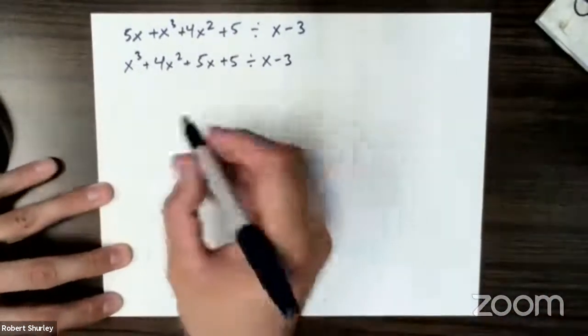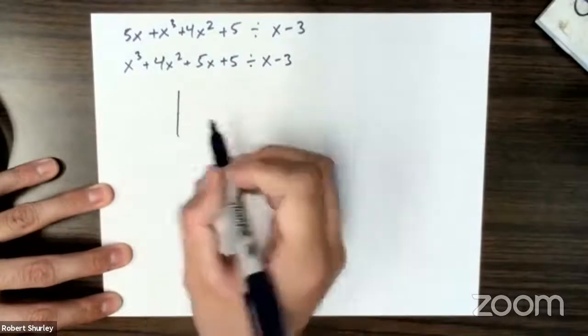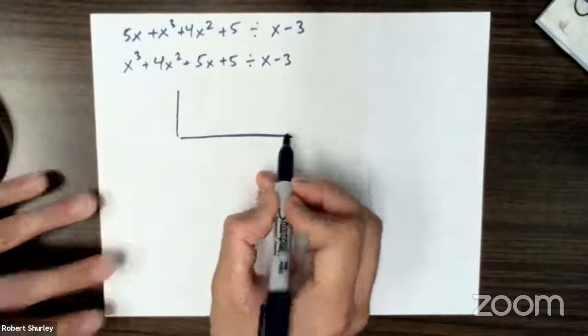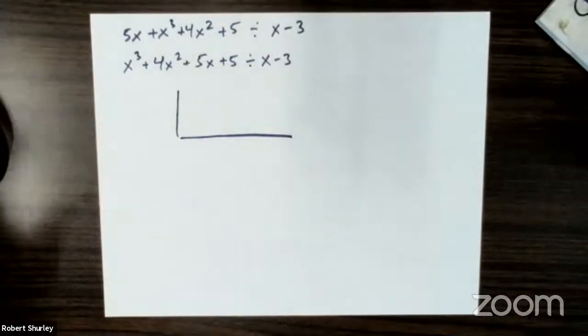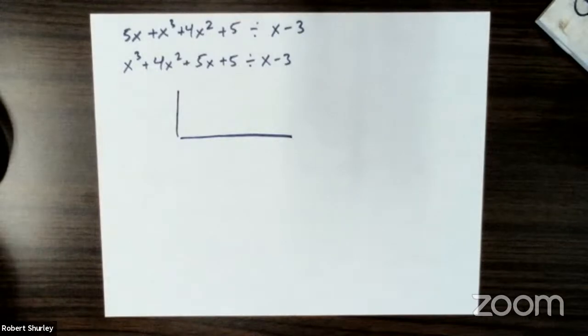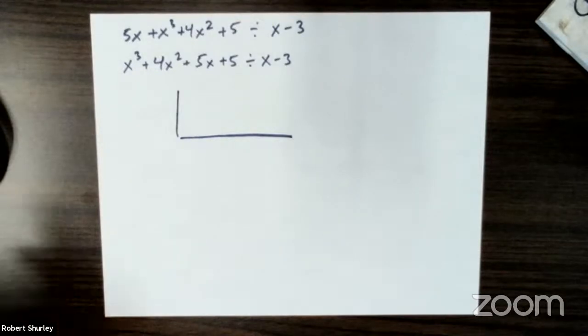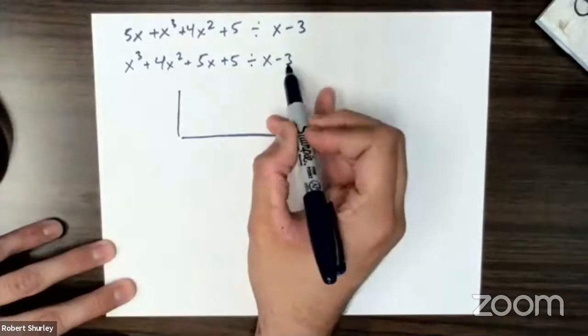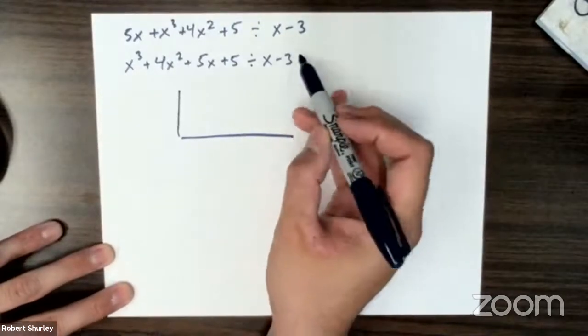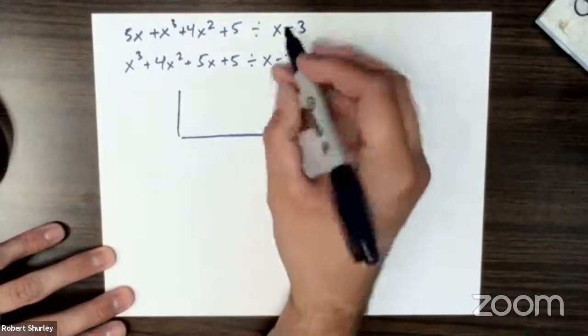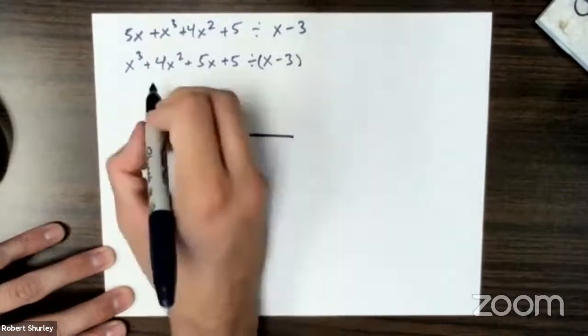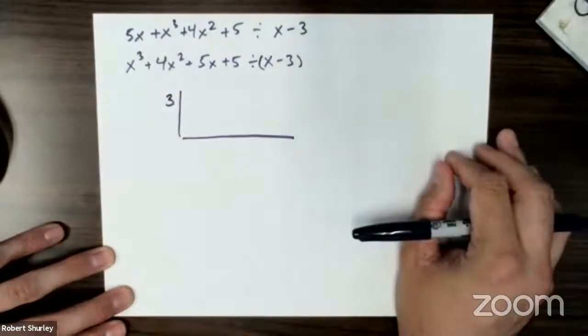Okay, so let's work this one. Now I'm going to make my L bracket. And I've got x minus 3. Now remember, we're really testing to see if this is a solution. And if x minus 3 is the factor, positive 3 is going to be the solution.